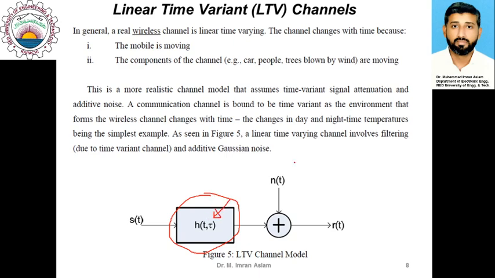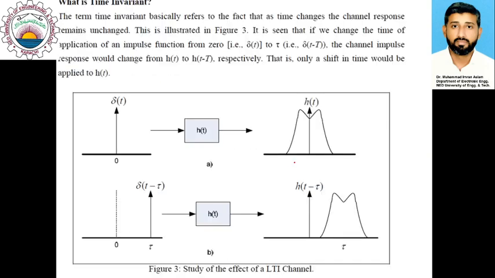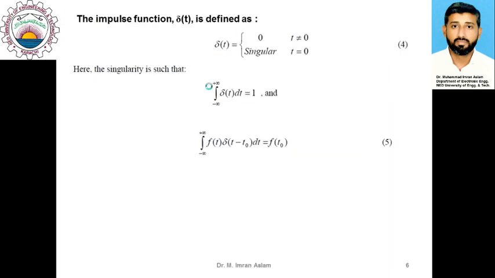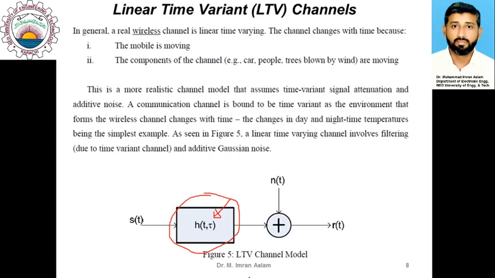If you compare it with the previous case, for the linear time invariant channel, this impulse response was only a function of time, so it was independent of the delay at the input side. But for the time variant channel, this impulse response is dependent on the time as well as the delay at the input side. So how much delay you observe will affect the properties of the channel. Plus, of course, in any case, the noise would be added to the system.